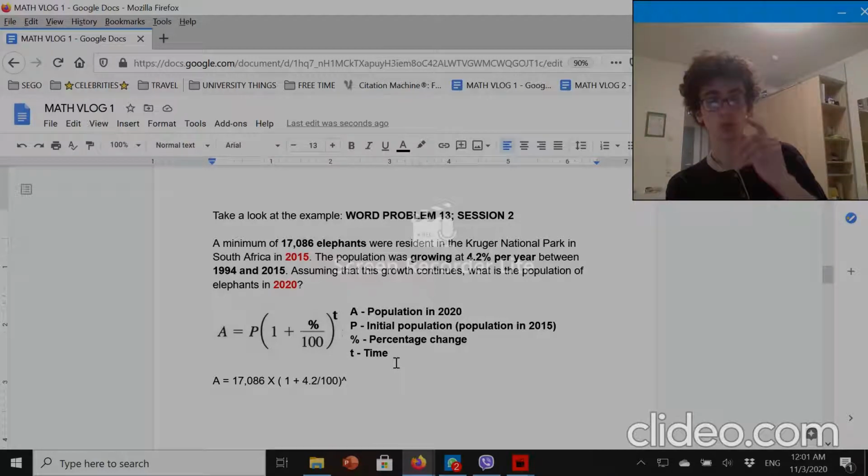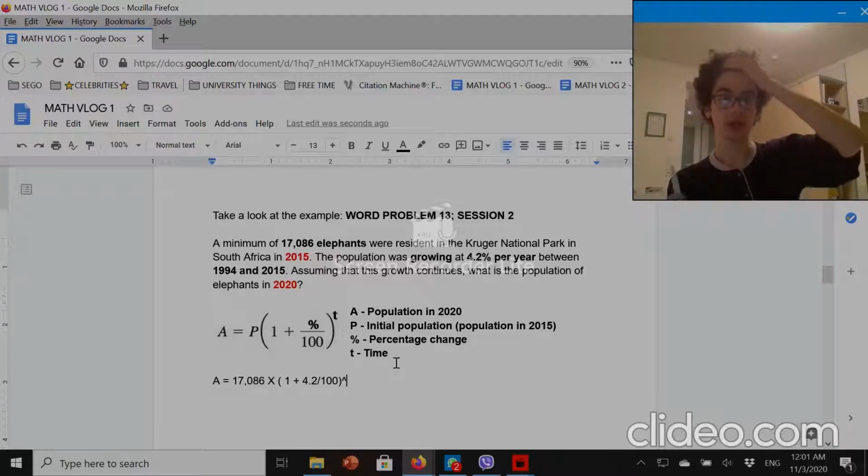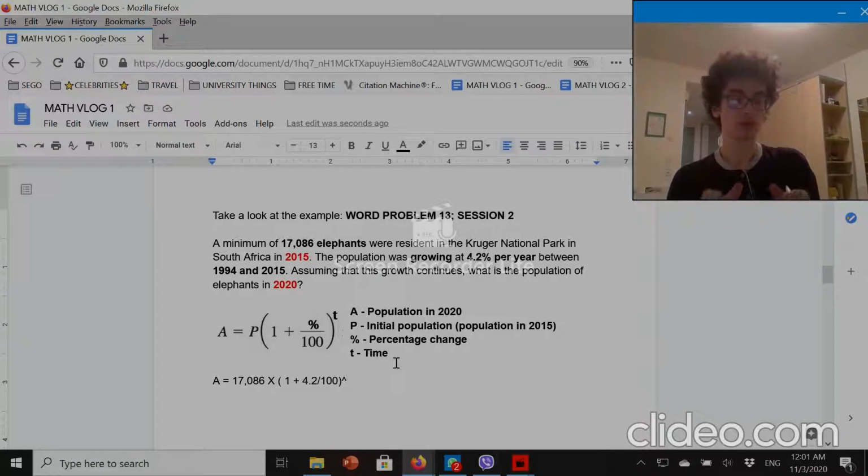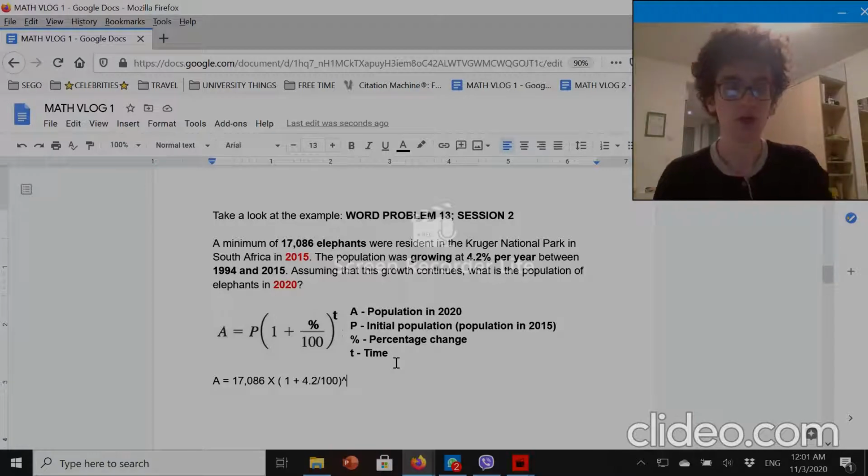So we need to figure out what would be the number. So if we started with our initial number, and if the initial number of elephants was 17,000 something in 2015, and we are looking for the population of elephants in 2020, it means that we would actually, for the time, use number 5. So it would be 2020 minus 2015, which will give us 5.